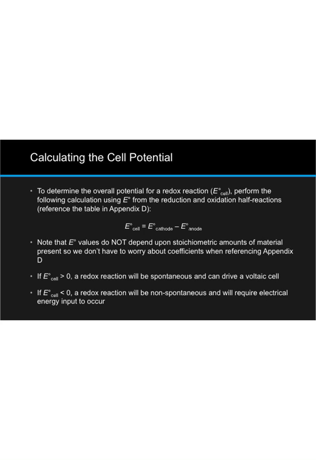If the standard cell potential E cell is less than 0, if it's negative, then our redox reaction is non-spontaneous. And if we want it to proceed, we have to continuously input electrical energy in order to power that electrochemical cell.